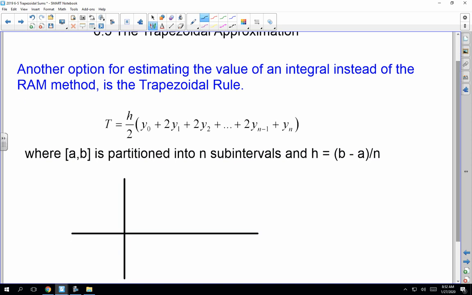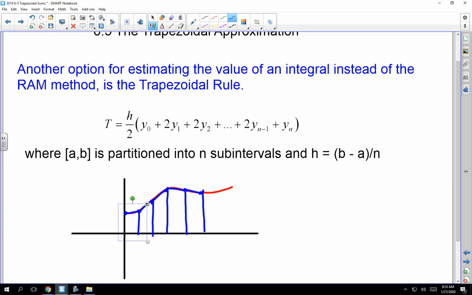I put this here to make a picture of it. So you could take any curve, and if you start breaking it up into a bunch of trapezoids of equal length, equal delta x, that's what it looks like. And so you end up doubling.